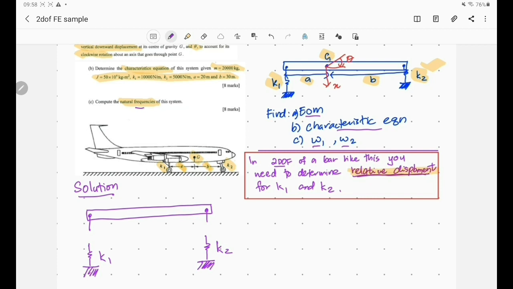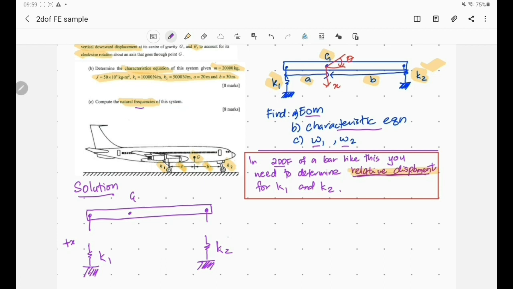So let us work on how we determine the relative displacement. You can see here you have k1 and k2, and this is your G. How do you determine the relative displacement? For 2 degrees of freedom, it's easy. You just straight away assume your x to be positive, so that it's easy to see whether your expression is going to be x minus L theta or plus L theta.